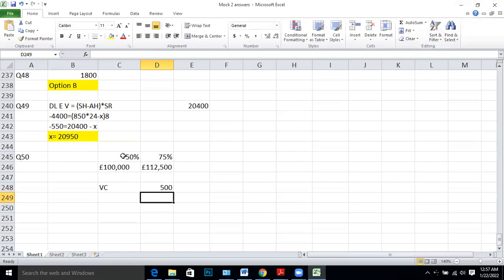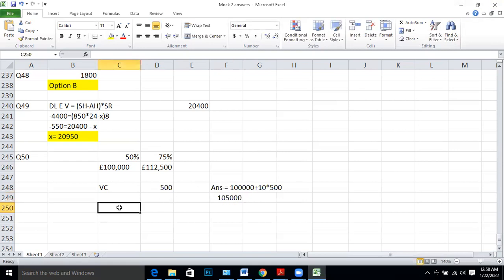That's the variable cost. That means for 1%, that's the variable cost. So like I told you earlier, without finding fixed cost, if you want to find, they ask for 60%, right? So the answer will be, for 50% it is 100,000, 60% means another 10% extra. For 1%, the cost is 500. Right? So it's 100,000 and 5,000, 105,000.